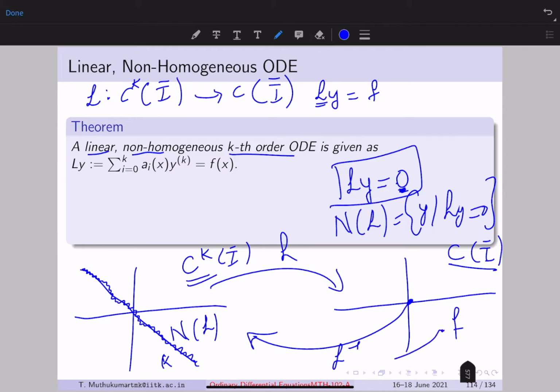What is the inverse image of that under the same operator L? Since this is a vector space, what you are asking is more or less what happens when you translate from the origin to f.